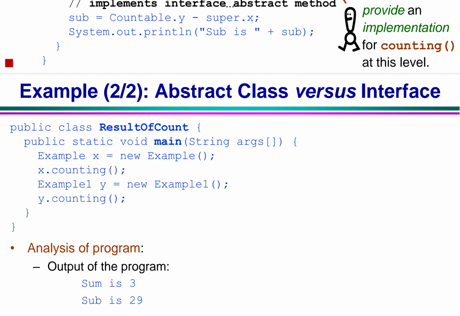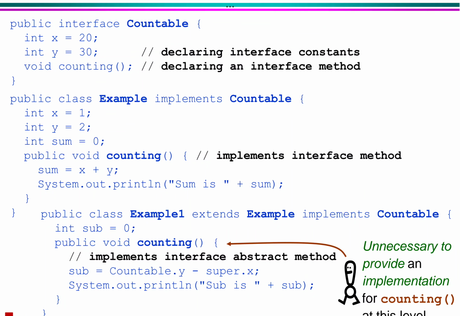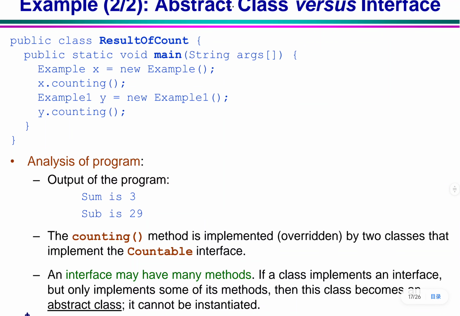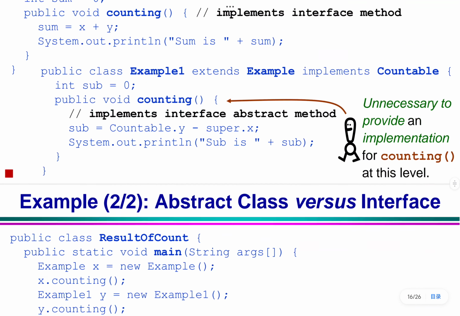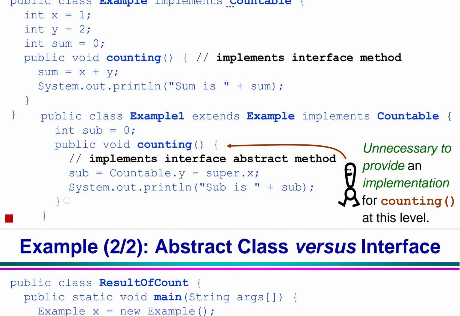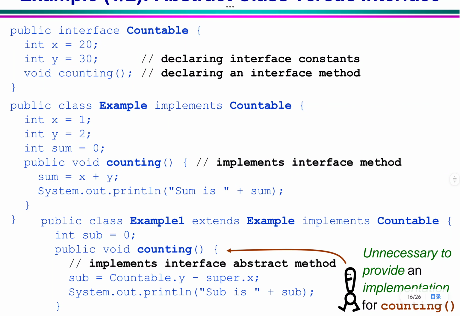Example x equals new Example1, then x dot count. Example1 just extends from the superclass, in the subclass y equals Countable.y.